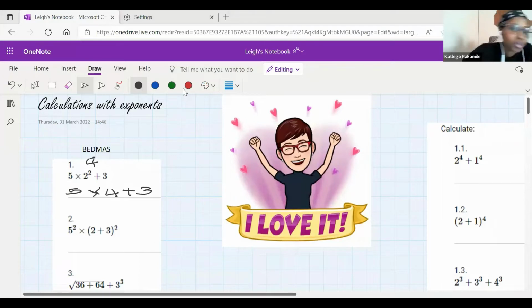You multiply. So what are we multiplying here? 5 times 4, which is? 20. So after this, we add. 20 plus 3, which is 23.